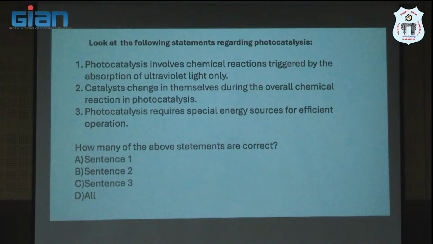Means catalysts participate in the chemical reaction. Not change in structure, but participate in the reaction. Change themselves means electron, hole, the combination of electron and hole take part in the reaction. Third, they require a certain kind of energy source, a special energy source is required.